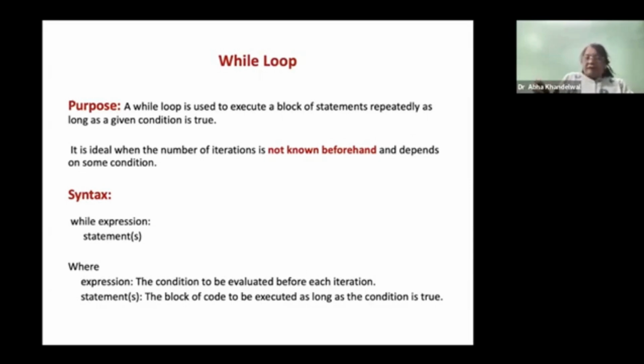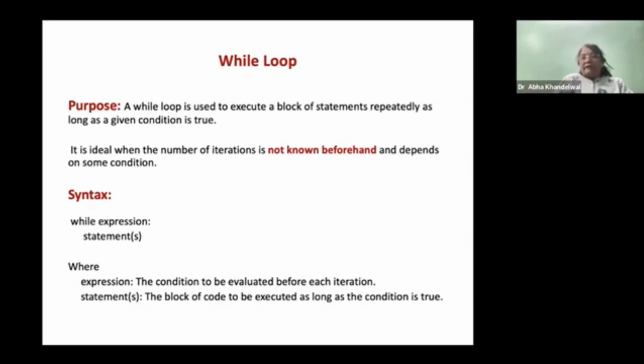So you are not going to write this print statement 100 times. You will write it one time and put it in the while loop, and in front of the while loop you will write a condition for how many times this loop should get executed. 100 times.